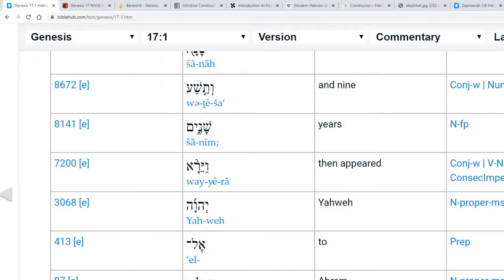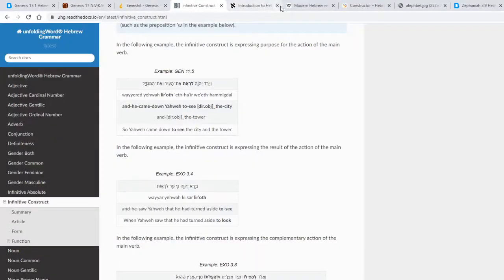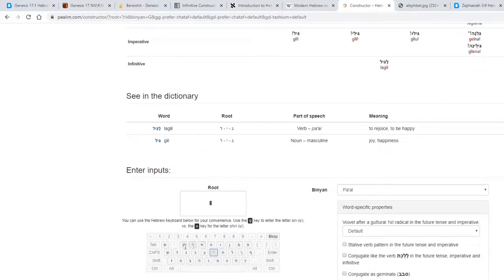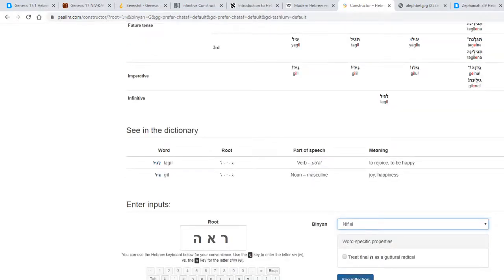So vayera is "and then appeared" because it's in the nifal, right? And it's in the consecutive imperfect. Sorry, no, resh aleph hey, right? And they're saying it's in the nifal. And actually, yeah, that's what's going on here. The final hey, because it's being used as a guttural, is actually running away from us.